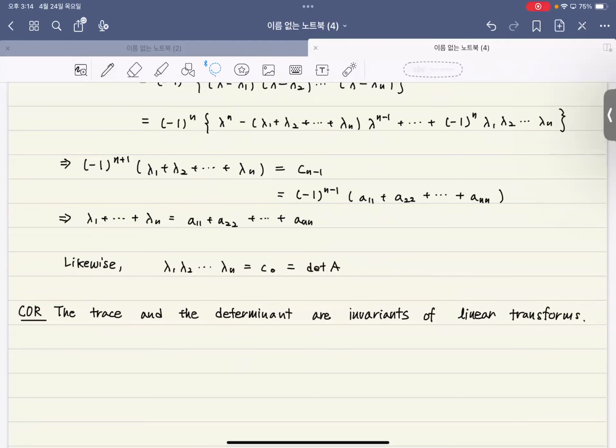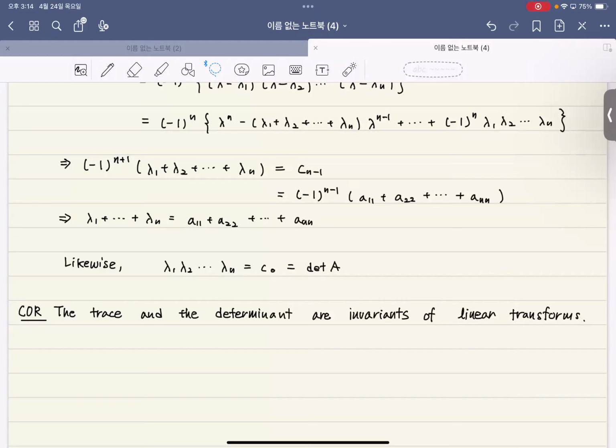So this is a corollary: the trace and the determinant are invariants of the linear transformation. You can play this game like this. Suppose two random n by n matrices of the same size are given, and you are interested in finding whether they are similar.